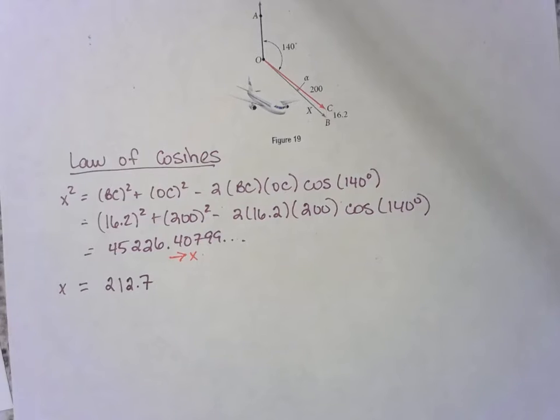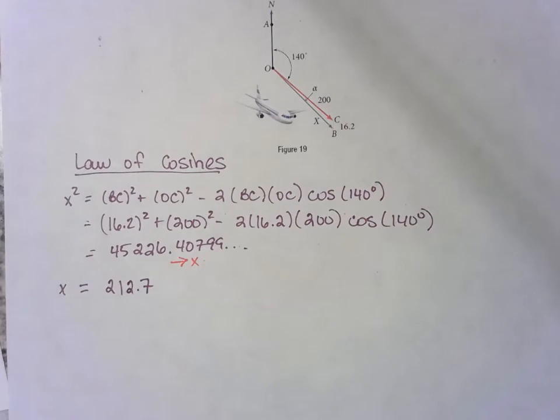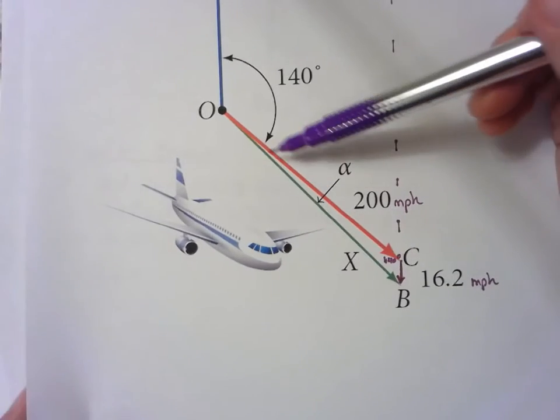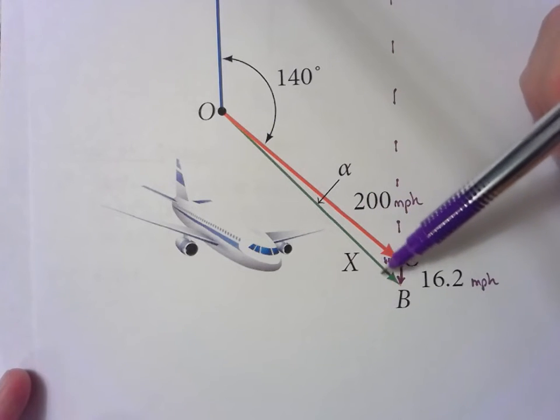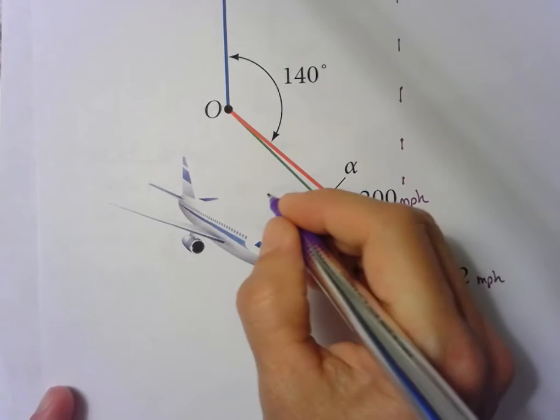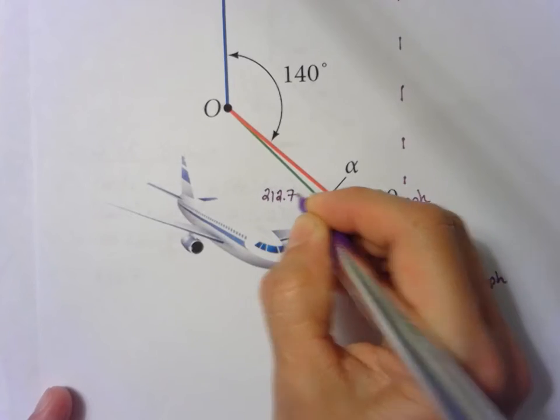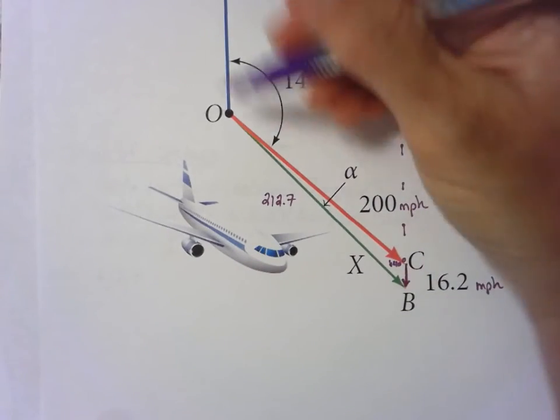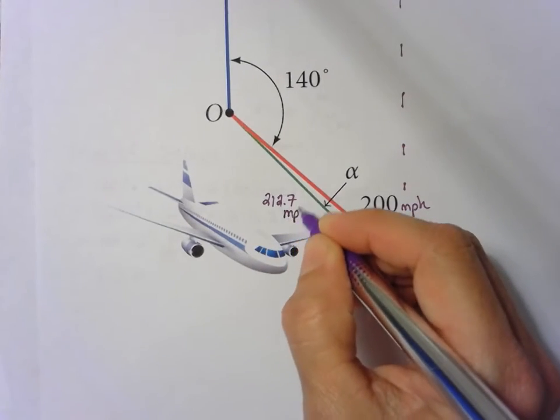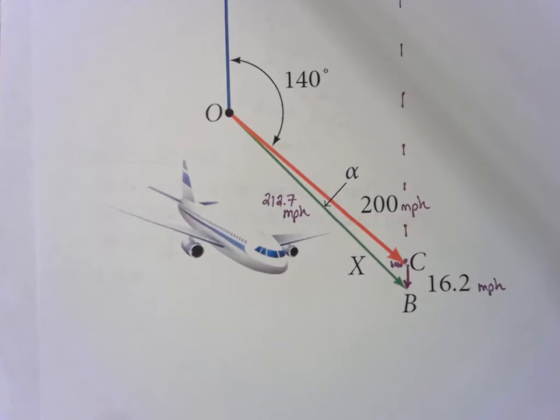212.7. Well, what does that mean? We said x was 212.7, right? That's this side. That is the magnitude of the side. So that's how fast the airplane is actually flying. 212.7.